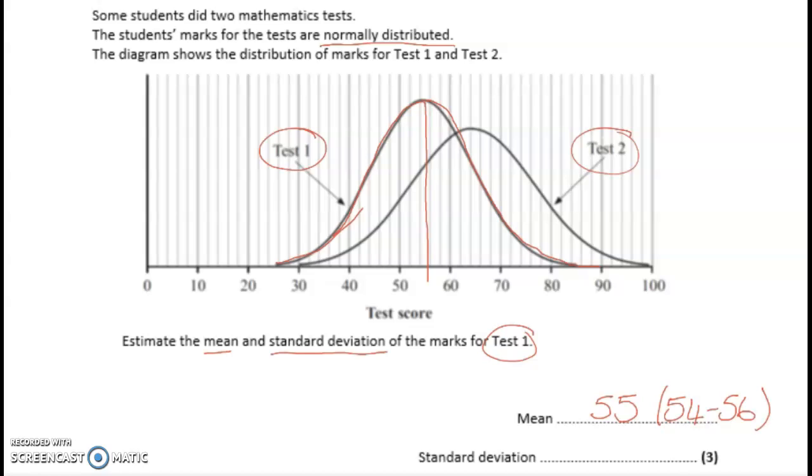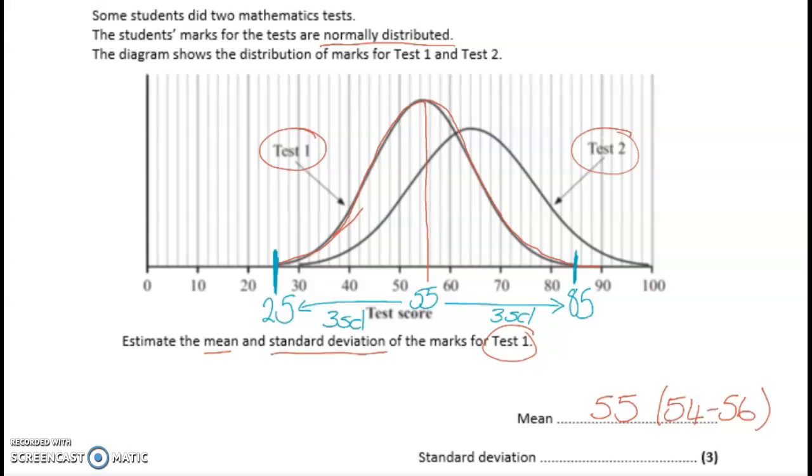This curve almost touches the bottom here at 25 and almost touches the bottom here at 85. Remember, the mean was 55. That means I have increased 3 standard deviations that way and decreased 3 standard deviations this way.